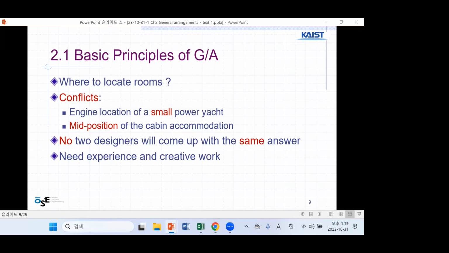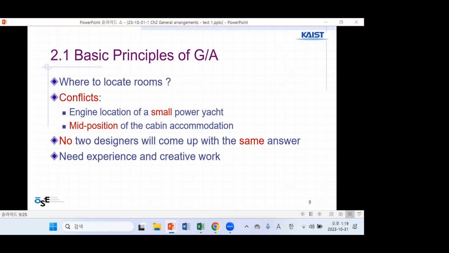The principle of GA is the room or location, but there is always conflict. Take the engine location of a small power yacht, not a ship. Power yacht means there's an engine, the size is small, then where can the engine be located? For the engine, aft is good.